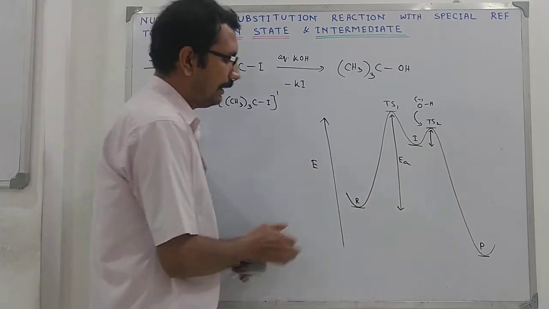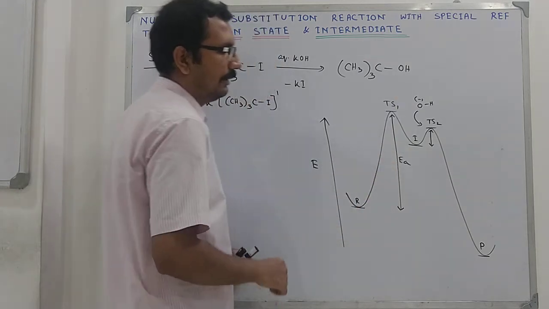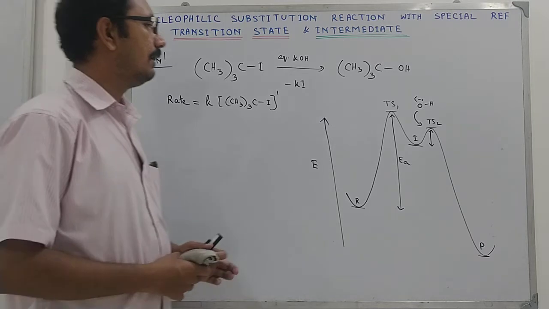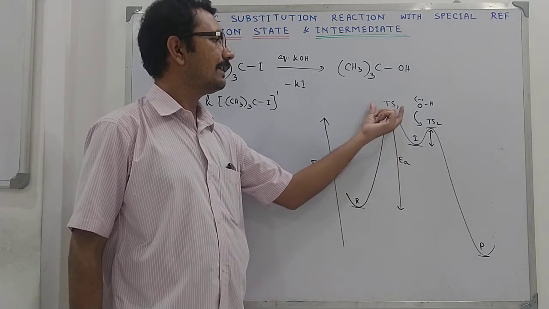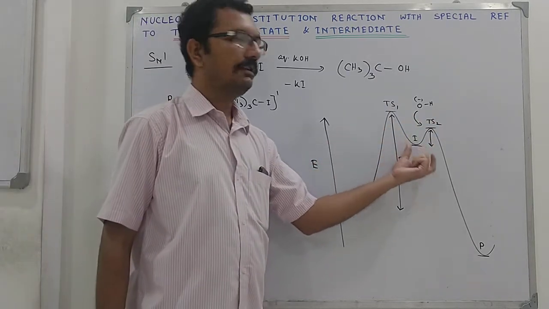That is, here it is like this and here it is like this. It is inverse. Now, you have already heard the tale that one cannot capture a transition state, but an intermediate can be captured.